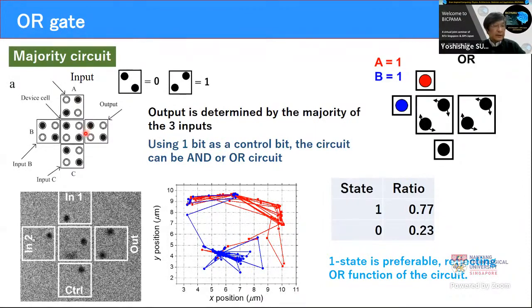Here is an experimental realization of the device. We put three fixed bits around the box. By this configuration, the device should show an OR gate function for the 1 and 1 input. The result is the following.